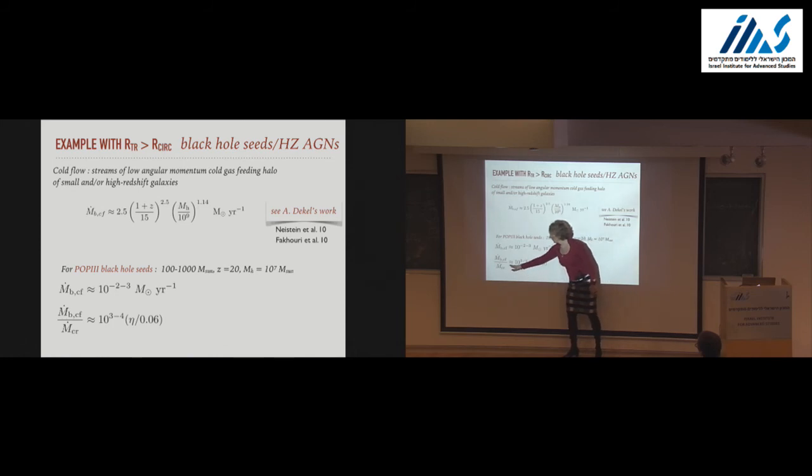And again, you have mass inflow rates which are 10^3, 10^4 times the critical. So people recognized that, and thought, okay, we can grow black holes at high redshift supercritically, perhaps.